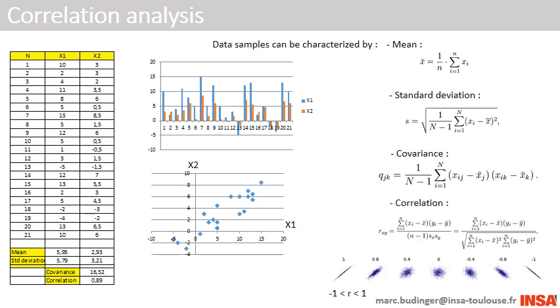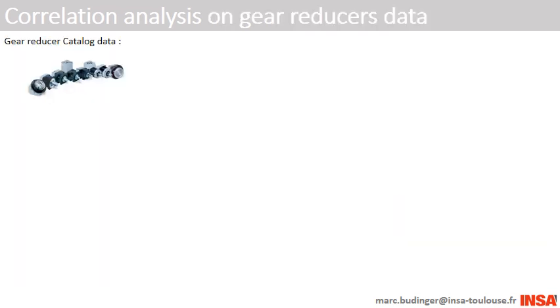And the correlation, also related to the link between two variables. It's actually the covariance normalized on the scale from -1 to 1. In our example concerning the gear reducers, we want to determine which parameters are the most important for an estimated mass.